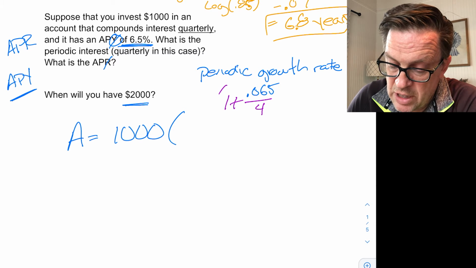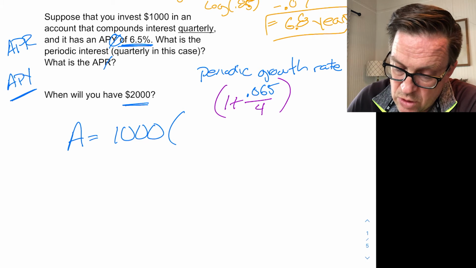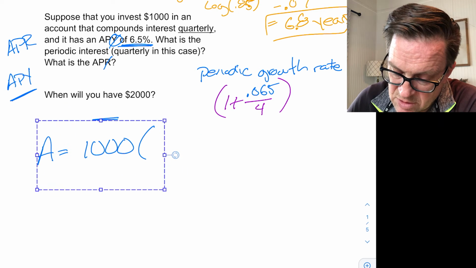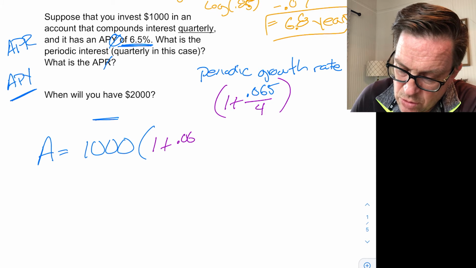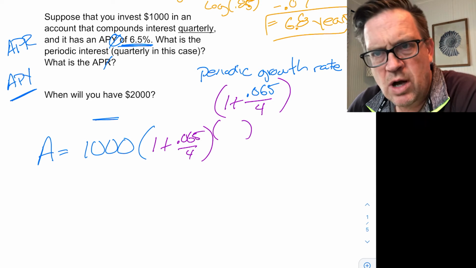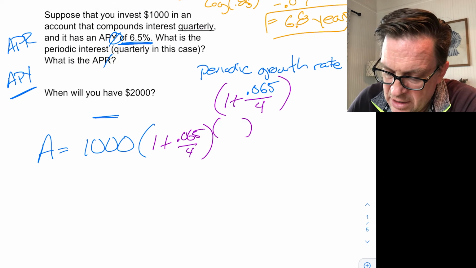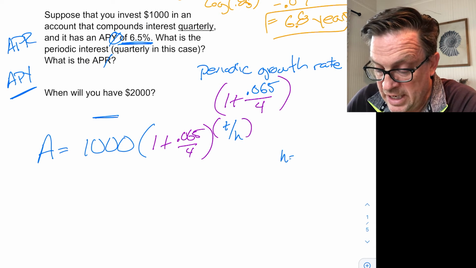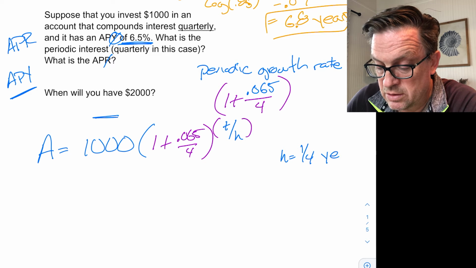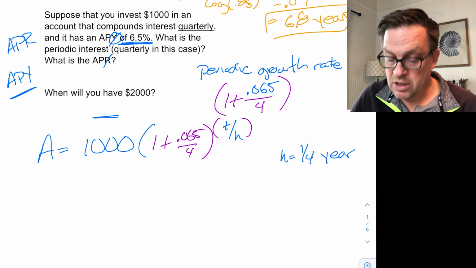So I have 1 plus that every quarter. Let me move this down a little bit and give myself some space. I'll multiply by 1 plus 0.065 over 4. How often? Well, what we've said in class is you do t divided by h, and h in our case is 1/4 of a year. How long is a period? A period is 1/4 of a year.